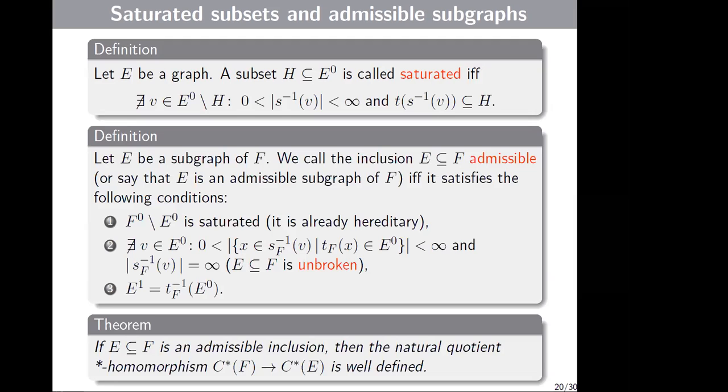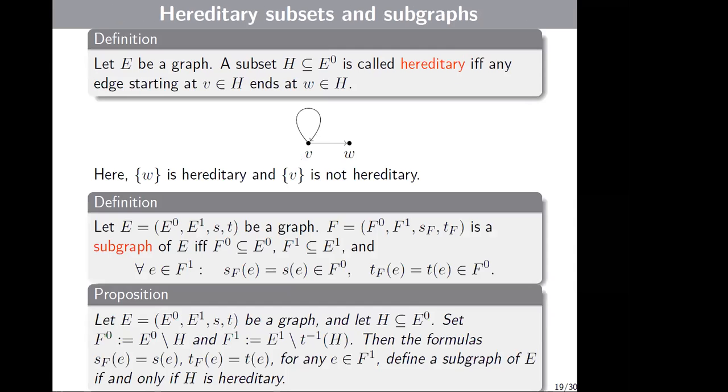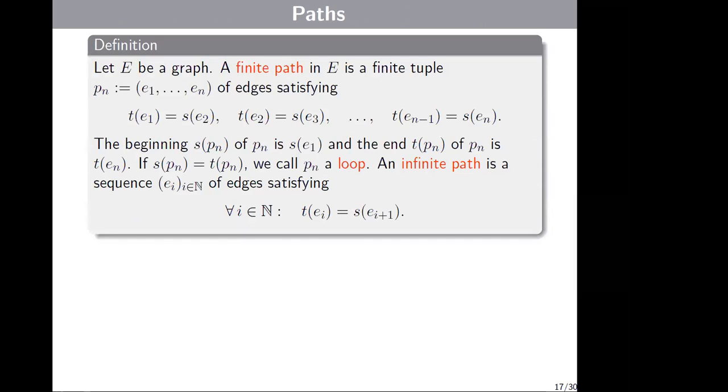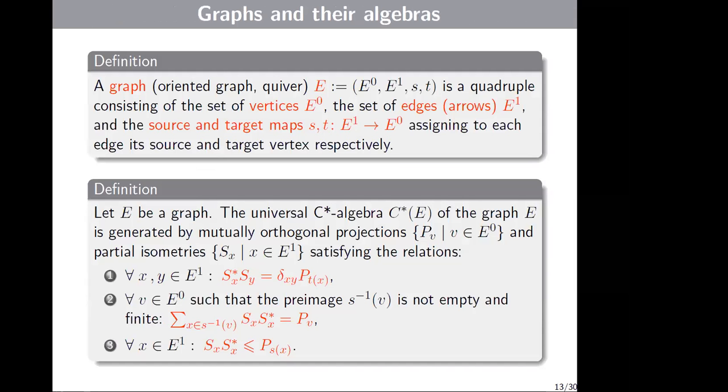And actually, already at this stage, if you remember the definition of a graph C*-algebra, you can see why. You see this second Cuntz-Krieger condition over here? If we have a vertex v, which is a breaking vertex, okay?